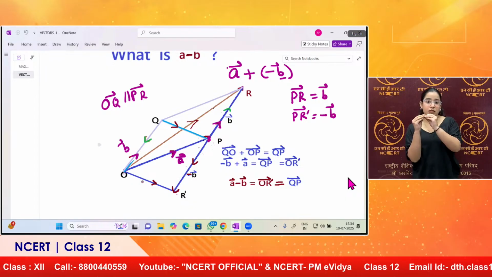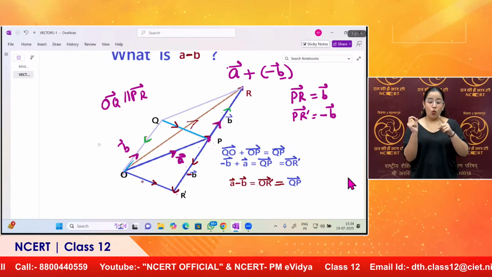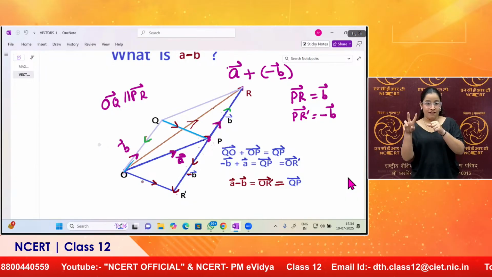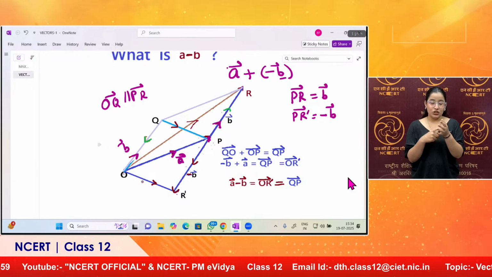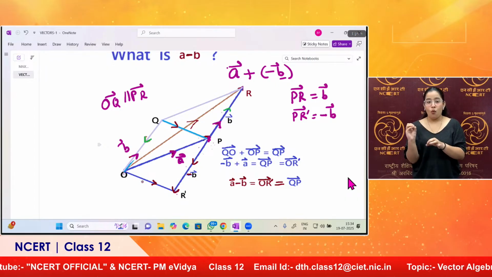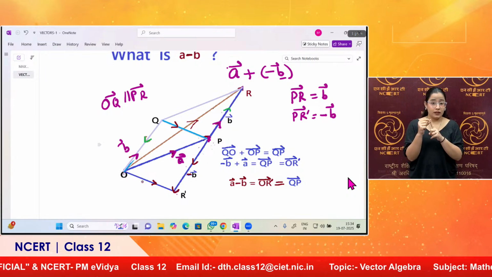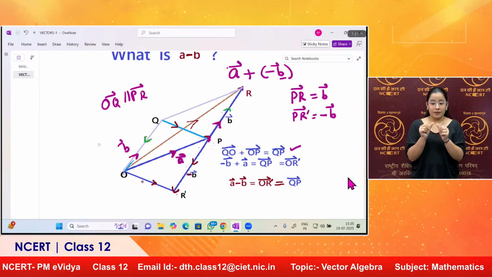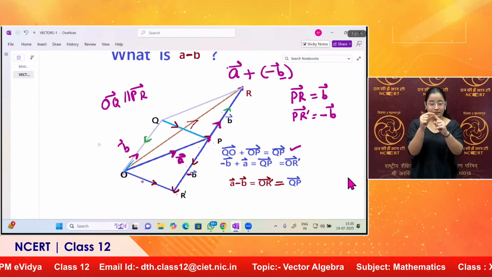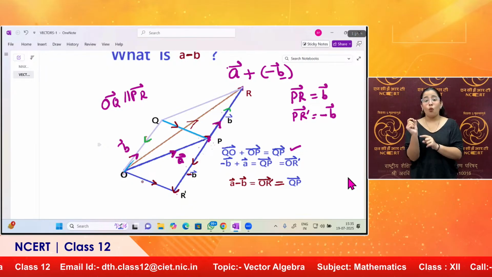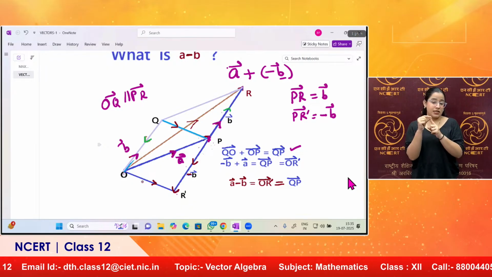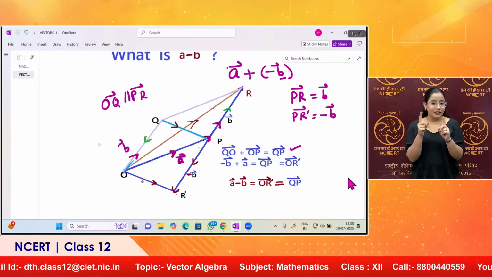So look at this vector OA, this is the A vector. So we have this result QO. QO stands for this link, QO plus OP, that means it's from Q to P. Right. Now what is QO? It's minus of B. Isn't it? Yes. QO is not in the direction of OQ.